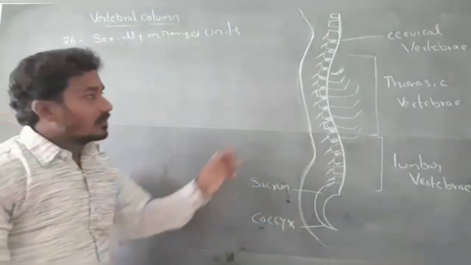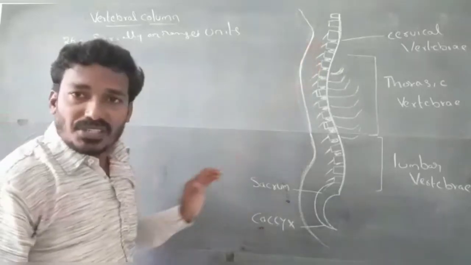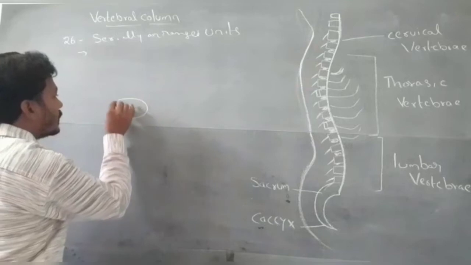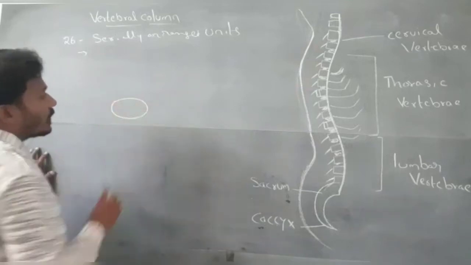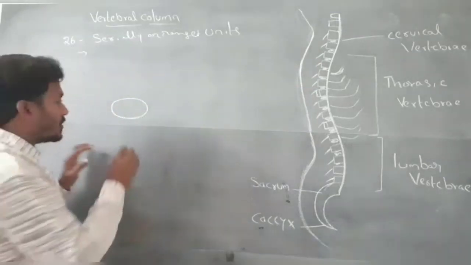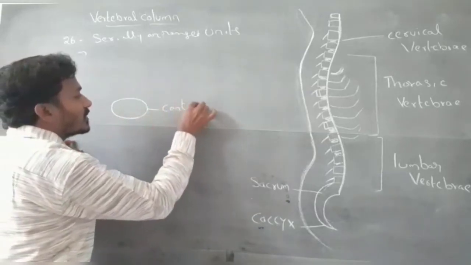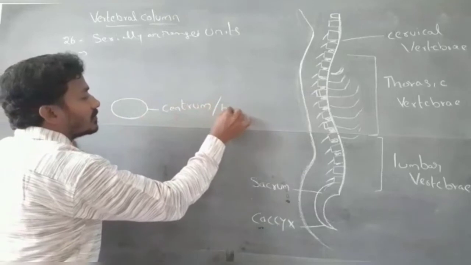Typical vertebrae. This is a typical vertebra. Typical vertebrae consist of the centrum or body.